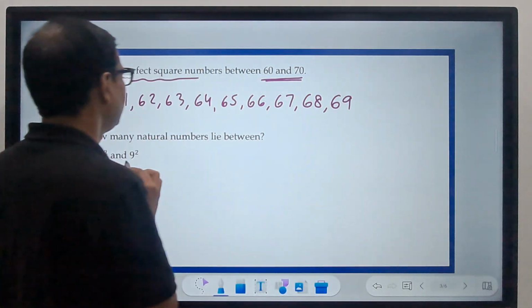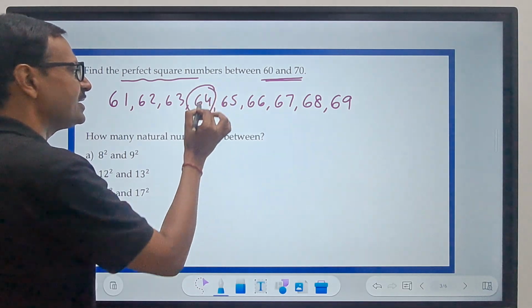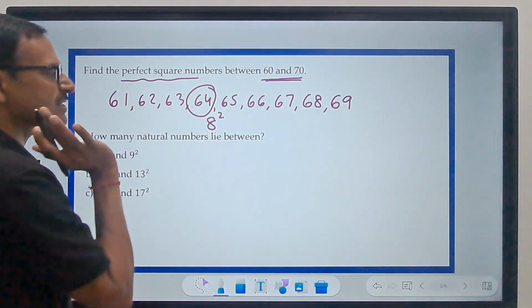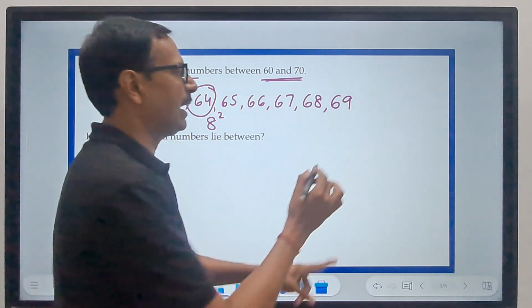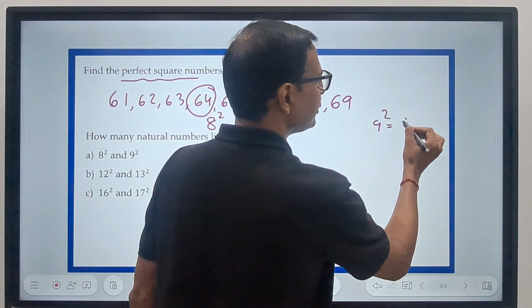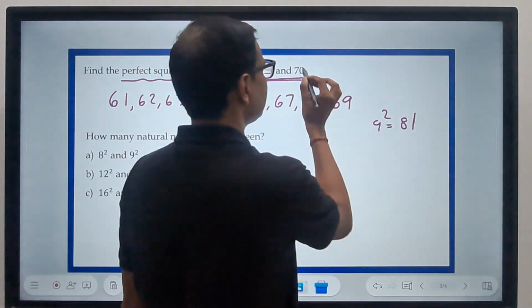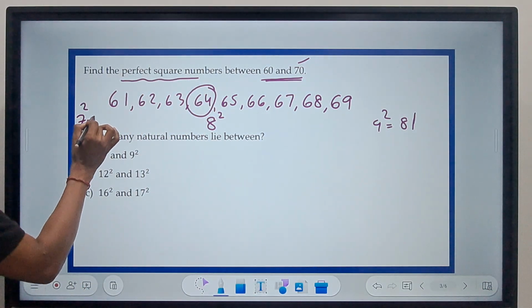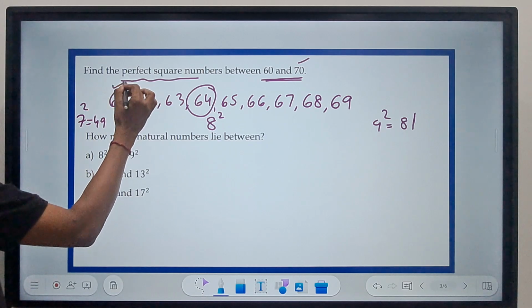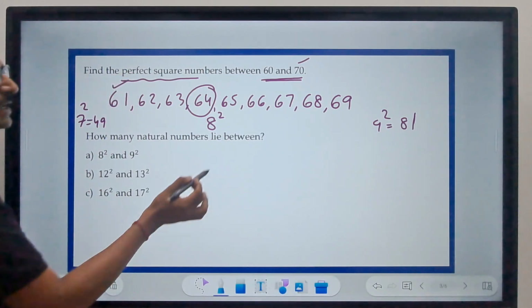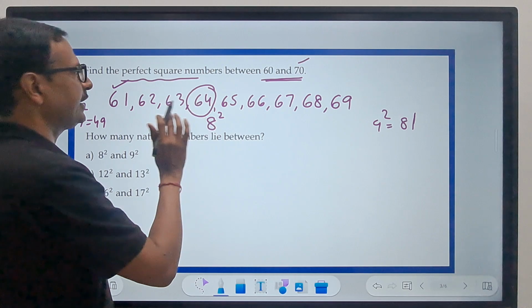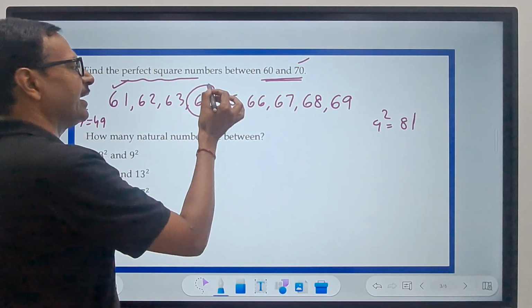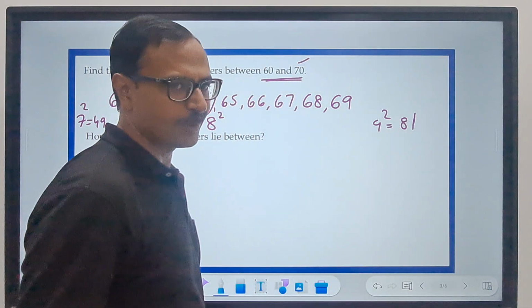And you can see 64 is actually 8 square. 8 square is 64. 9 square happens to be 81, which is beyond 70, right? And below that 7 square is 49. We are starting with 61, not with 49. So there is only one perfect square contained between 60 and 70, and that is 64.